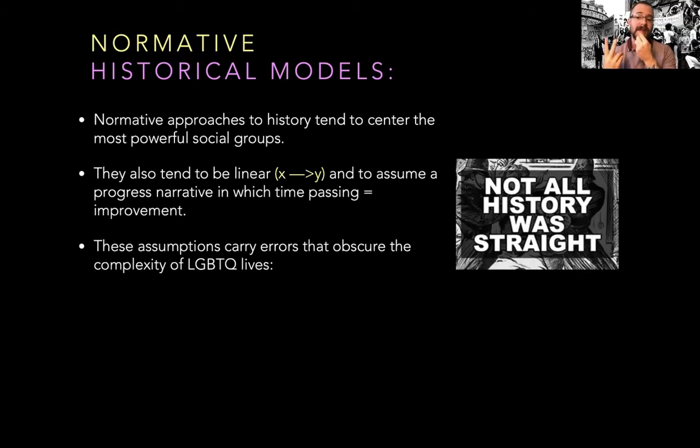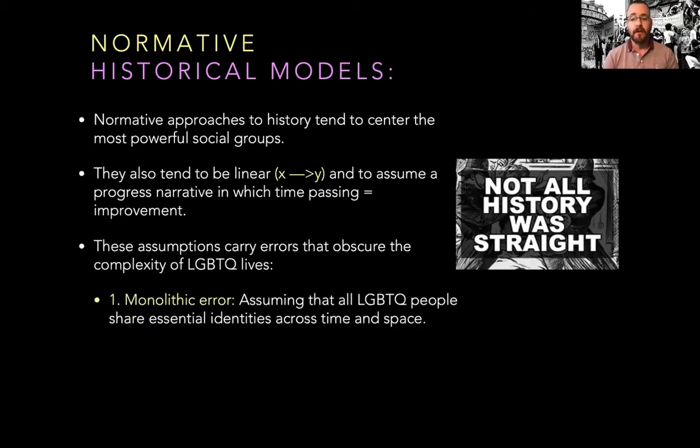And there are two basic errors that the reading discussed that obscure the complexity of LGBTQ lives and histories. The first is what we call the monolithic error, which is this idea that all LGBTQ people share essential identities across time and space. So mono meaning one, right? There's this idea that there is one way to be gay or one way to be lesbian.